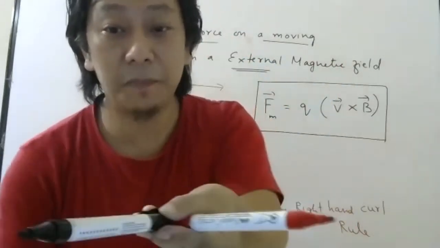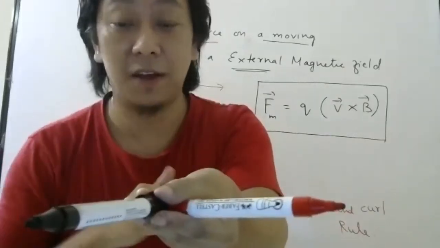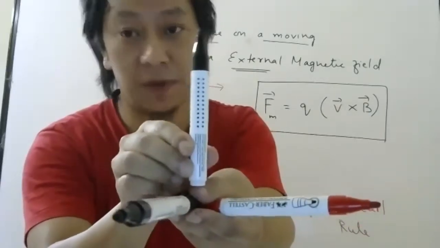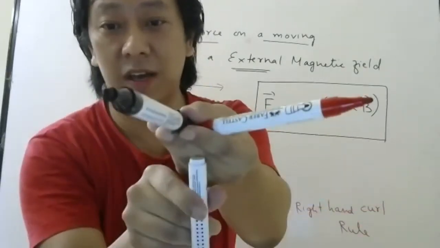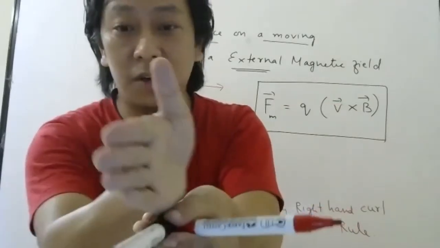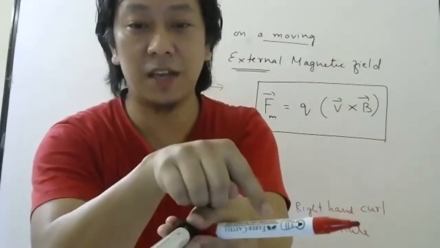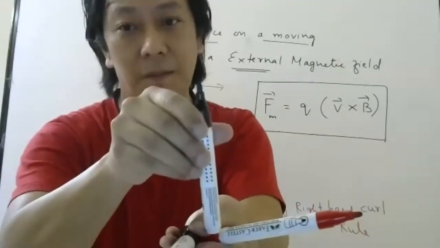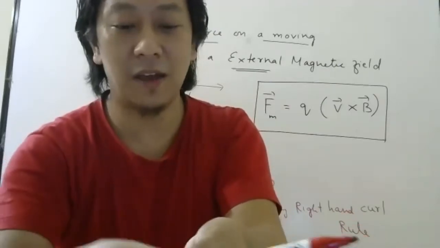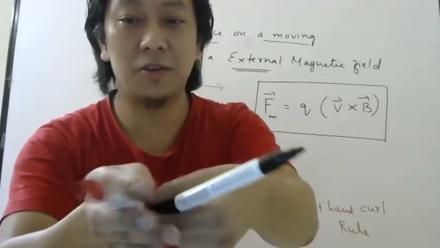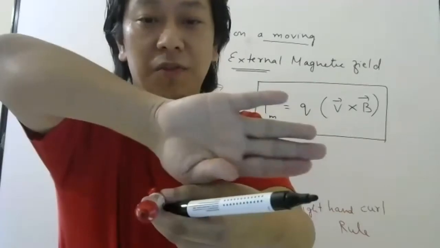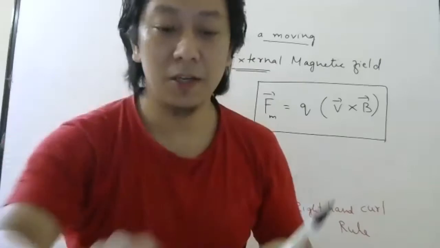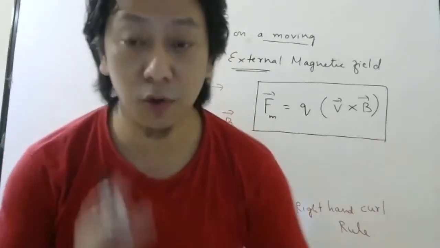Once you know the plane, your cross product can be perpendicular to it, either here or here. To find which, curl your fingers from the first vector to the second vector, and the thumb will give you the direction of the cross product. Similarly, if I interchange, and this is your first vector, you curl your fingers like this and your thumb will point downwards. So that is how we find the direction of the cross product.